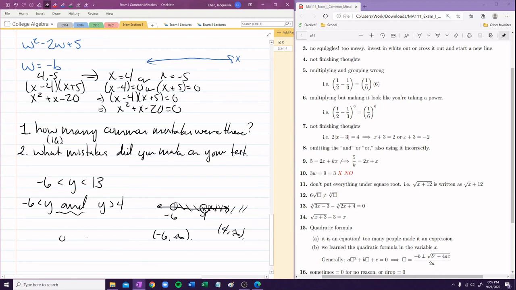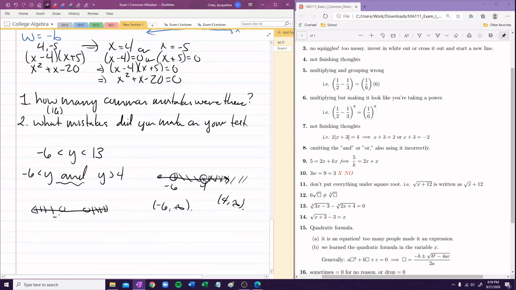There are also some of you who made sign mistakes. It happens. But let's go with negative 6 and 4 again. You'll say y is less than negative 6 and y is greater than 4, and then you gave me the interval and the interval notation.